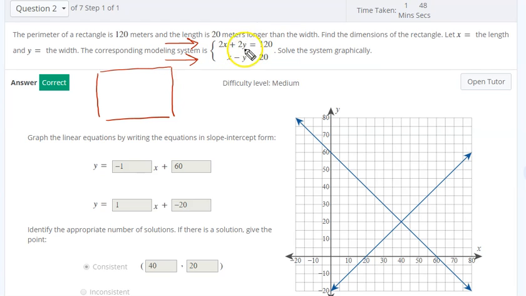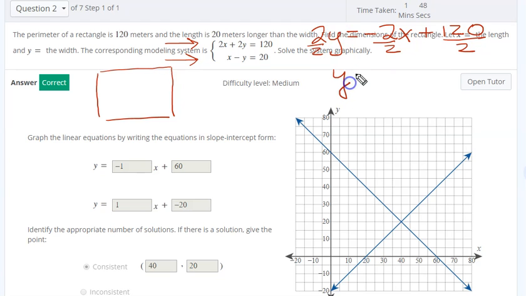So we want to solve both equations for the letter y. So here I'm going to leave the 2y there, transpose this 2x to the other side where it becomes a -2x, and then plus 120. Now I'm going to divide everything by 2 to solve for a positive y.